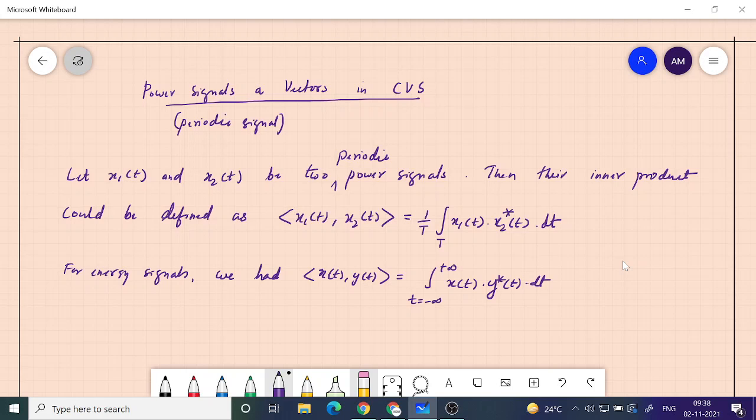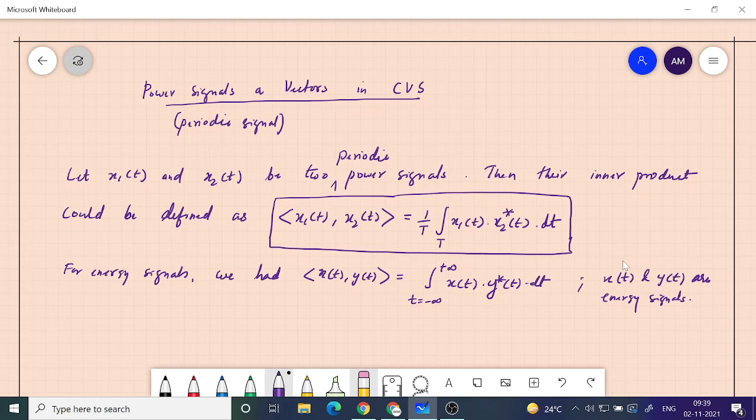That was our definition earlier, where x of t and y of t are energy signals. But now x1 of t and x2 of t are not energy signals, they are power signals. So we are modifying it. This is the new definition of the inner product to use in the case of power signals. This is basically a way of evaluating the power, and we know that power is finite for a power signal and energy is going to be infinite. That is why we are doing this.